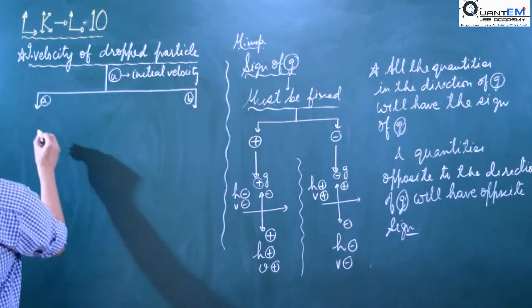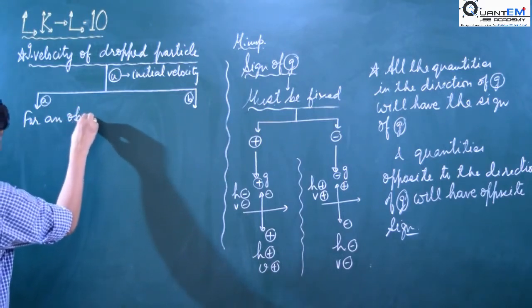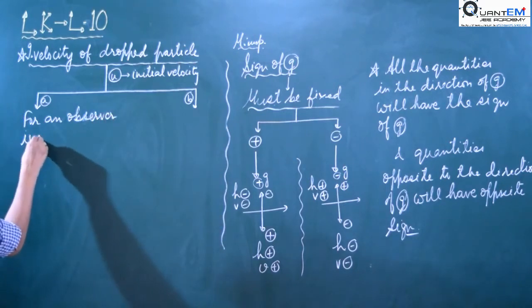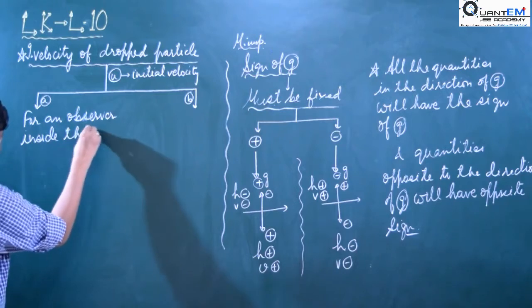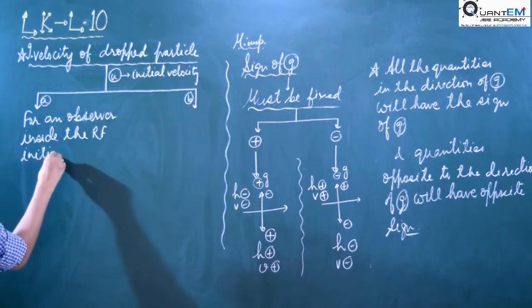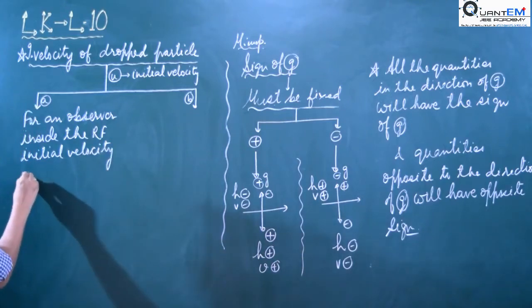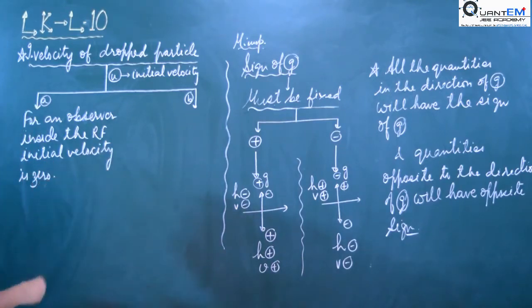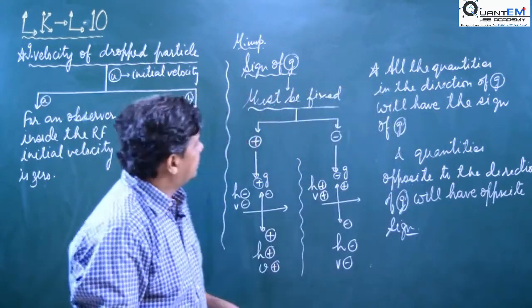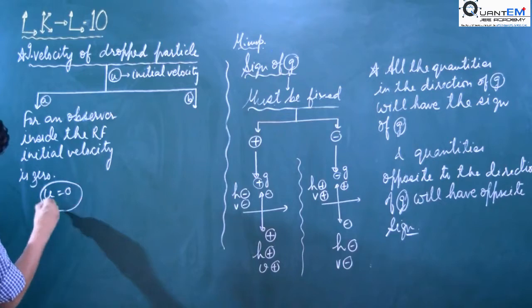So for an observer inside the reference frame, the initial velocity is always 0. In this case you have to take u is equal to 0.